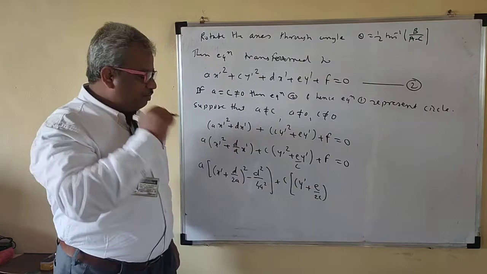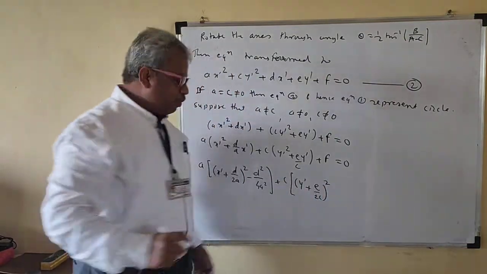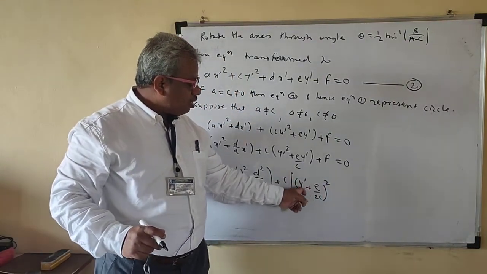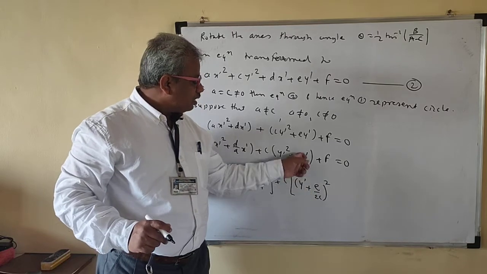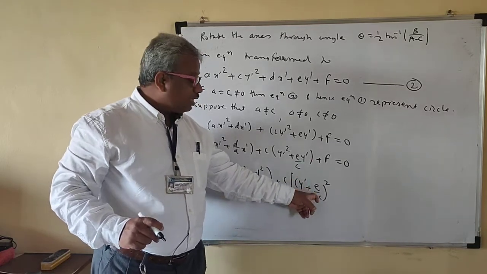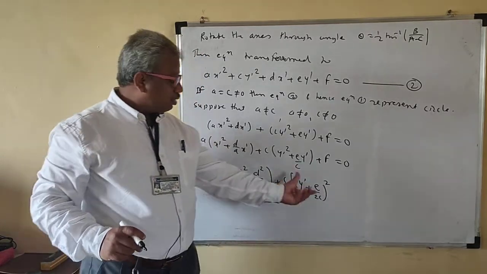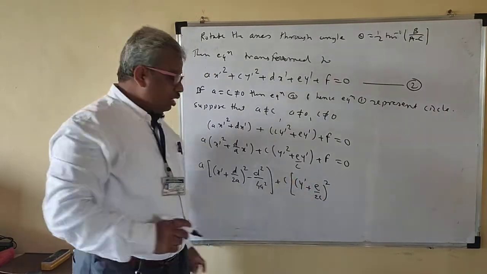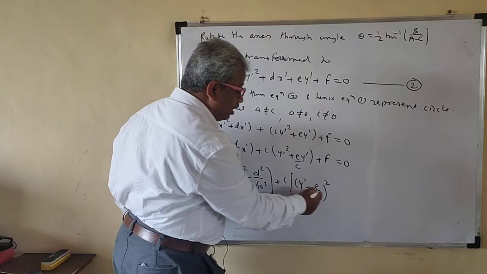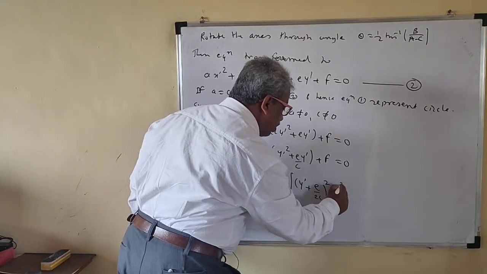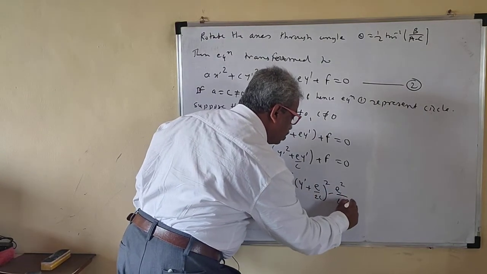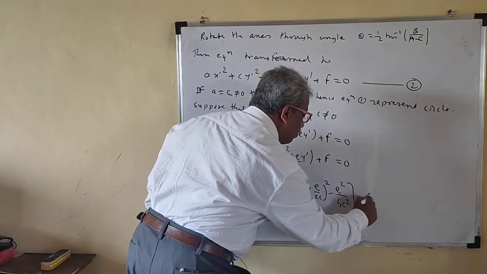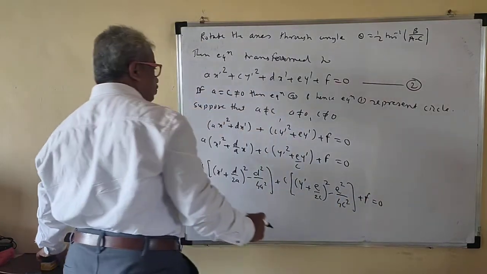Don't write y prime because we are writing the square. Twice of that, when the 2 gets cancelled, is e by c y prime, and we get plus e square upon 4c square, which we don't want because it is not there. So whatever the plus or minus sign, you have to subtract. This is e square upon 4c square, plus f is equal to 0.